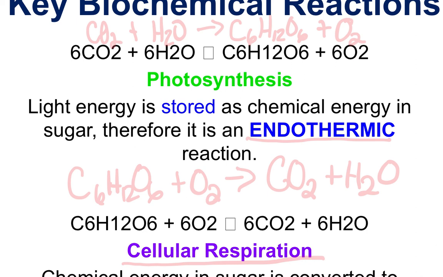Animals, anything that doesn't photosynthesize, use sugar and oxygen to breathe, and the byproduct of that is carbon dioxide and water. So chemical energy in the sugar molecule is broken and converted into chemical energy that is released in the form of ATP. Therefore it is exothermic.